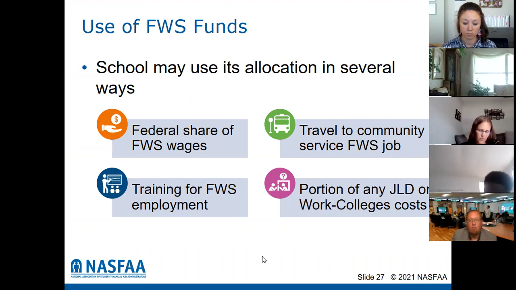They may be used for the federal share of wages for students employed in federal work study, a reasonable amount for training related to federal work study employment, a reasonable amount for travel directly related to employment in a federal work study community service position, up to 10% of its allocation for the job location and development program to develop regular and community service positions for the school's students, if your school has this program, as well as costs for the school's work colleges program, if it participates in this program.